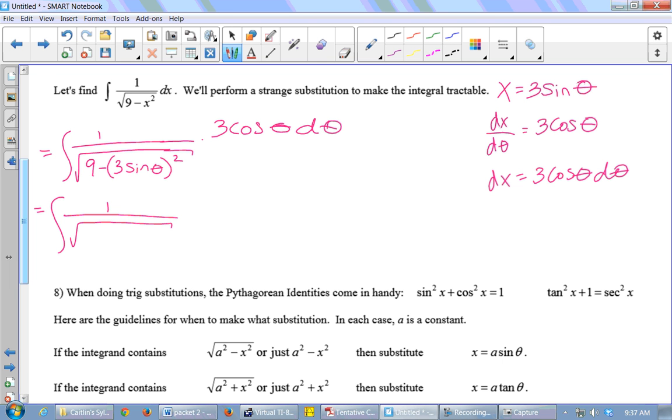Three sine theta quantity squared, what does that come out to? It's not a trick question. 9 sine squared theta, right? You just square each piece. 3 squared is 9. Sine squared is sine squared.